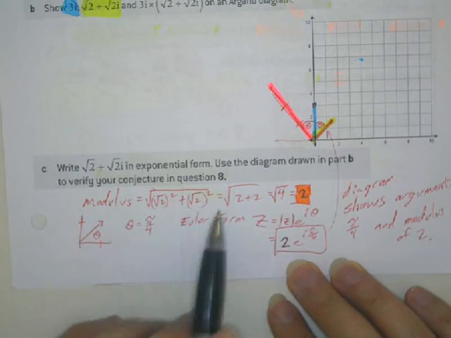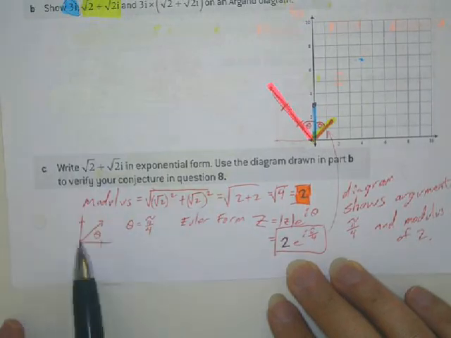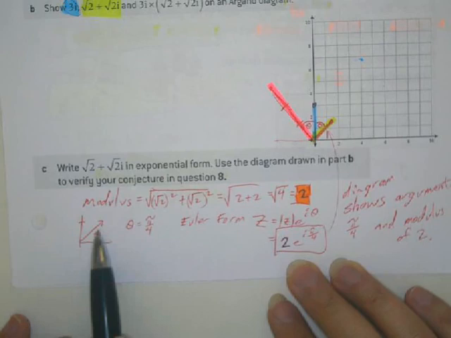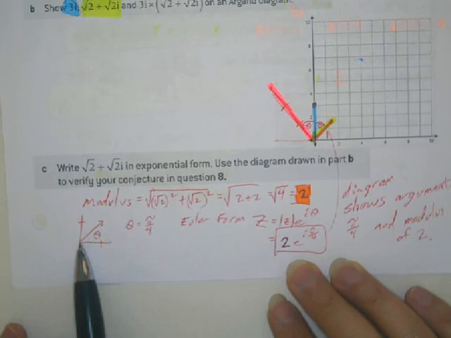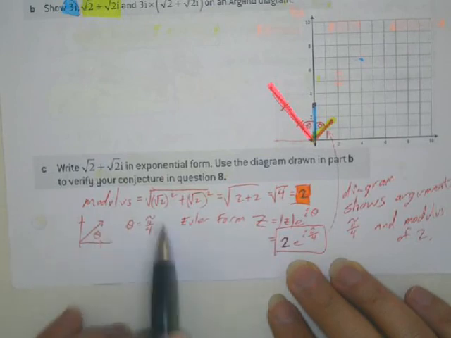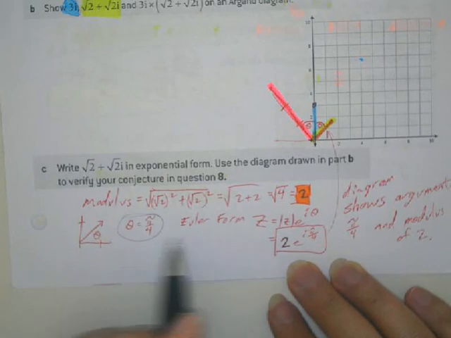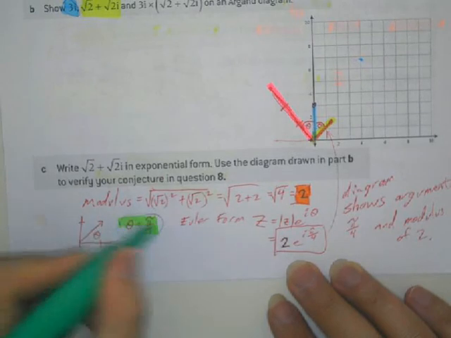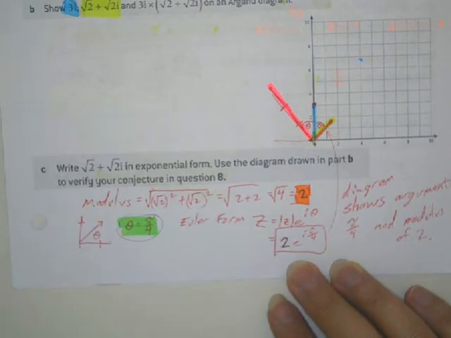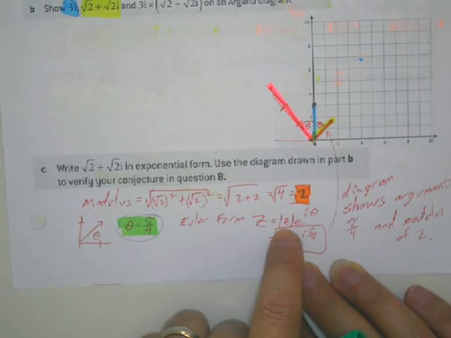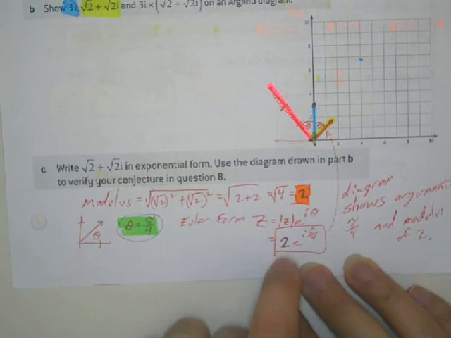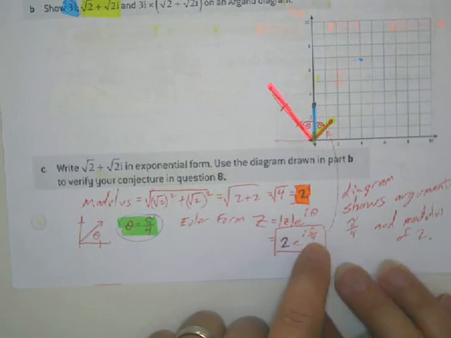Okay, our angle, if I go over square root of 2 and up square root of 2, we've created a 45-degree angle, and if I've got a 45-degree angle when this and that are the same, then our angle in radians is pi over 4. So if I know my argument is pi over 4, and if I know my modulus is 2, I can put it into Euler's formula, which is just like this. I can replace the modulus with 2 and replace the argument with pi over 4.